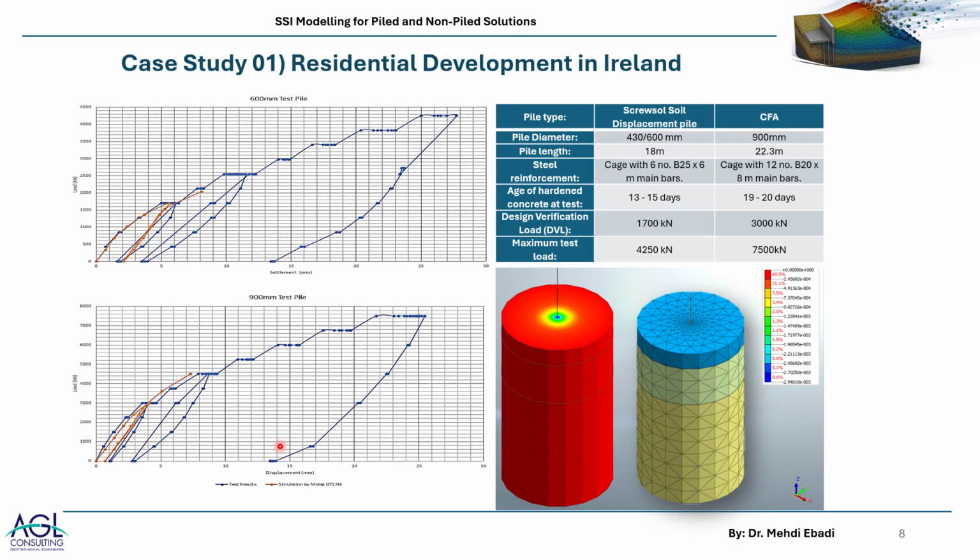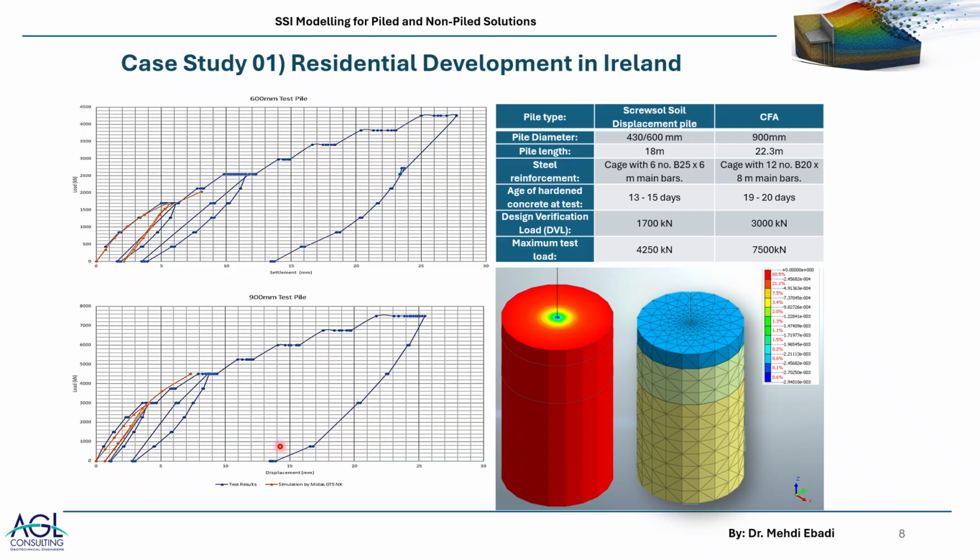For our model, we used bulk elements, so we didn't use line elements or embedded beam or anything like that. We used bulk elements, like a body of concrete. And the parameters that we could work with were generally the interface parameters and the soil model parameters, which we could calibrate.